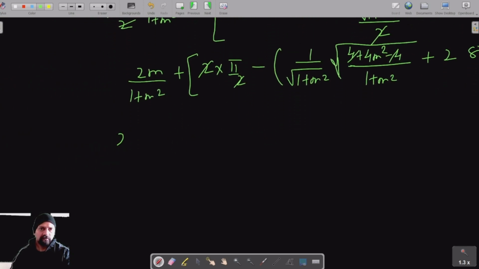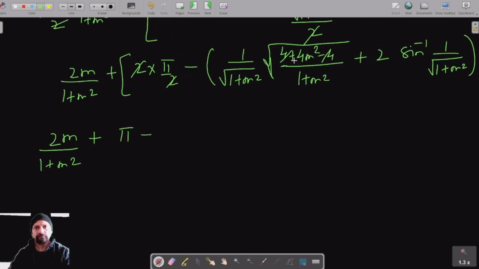2 and 2 gets cancelled, so finally we have 2m upon 1 plus m square plus I minus. So under root 4m square is 2m, and under root 1 plus m square into under root 1 plus m square is 1 plus m square minus 2.